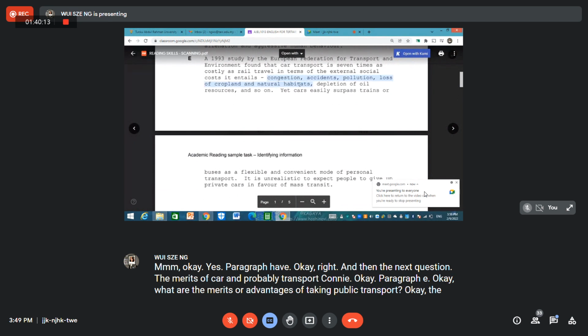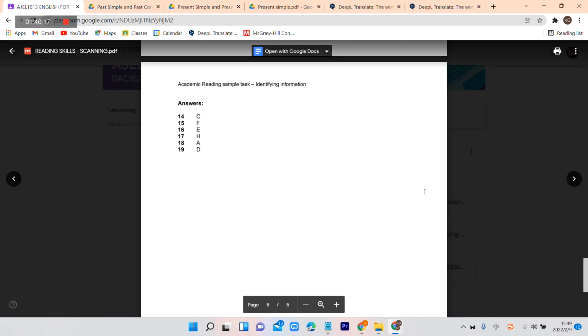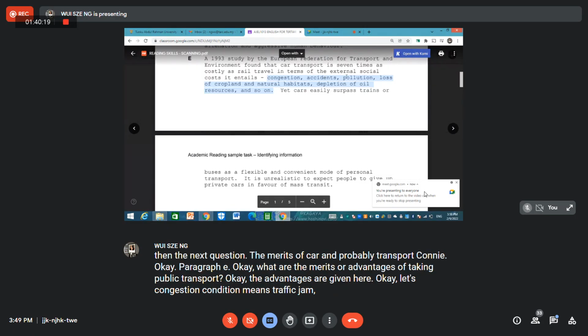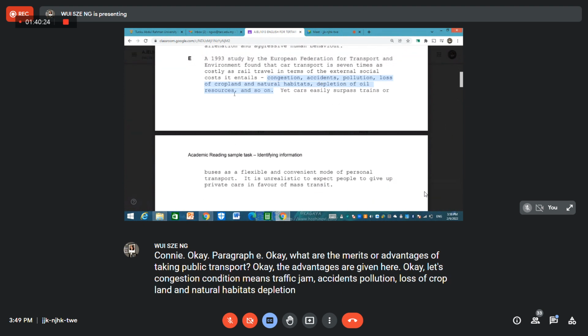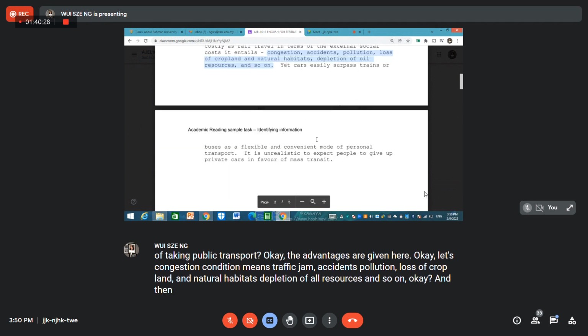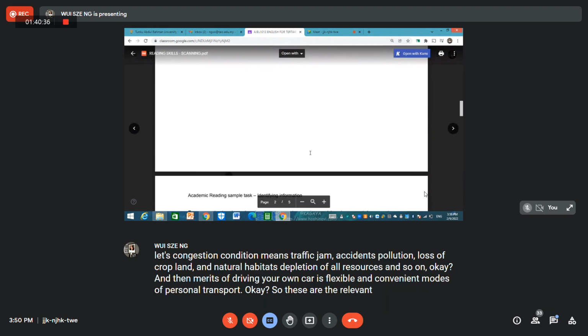The advantages are given here: less congestion, congestion meaning traffic jam, accidents, pollution, loss of cropland and natural habitats, depletion of oil resources, and so on. And the merits of driving your own car is flexible and convenient modes of personal transport. So these are the relevant answers.